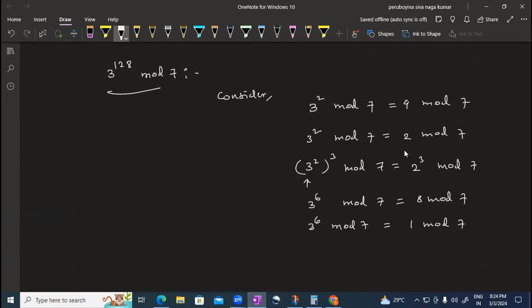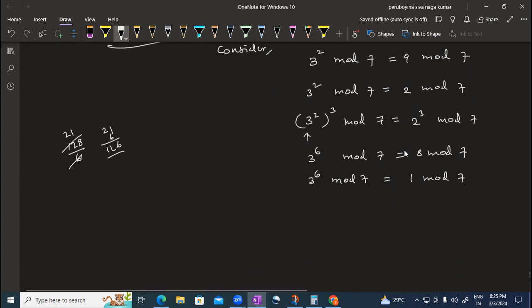I divide this 128 by 6 to see how many 6s are needed. It is 21 times, and 21 sixes are 126.